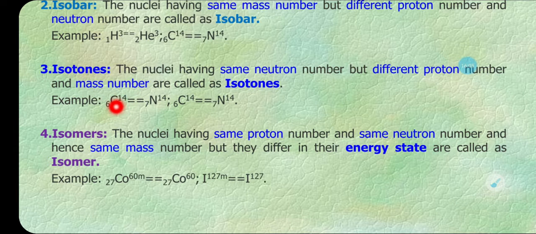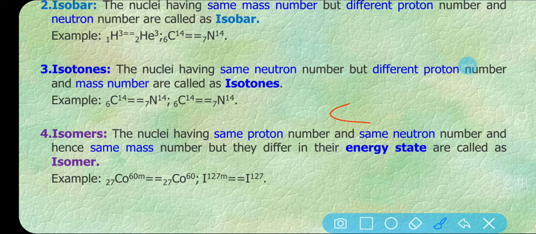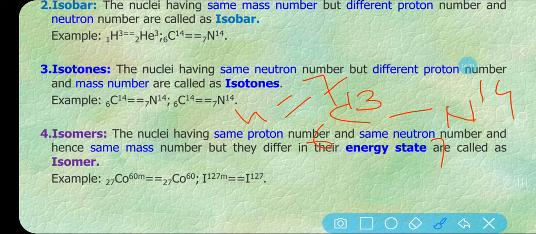Yes, C13, actually carbon. Let us take that, C6 13, and here nitrogen 7 14. Here neutron is 7, and in this the neutron number is 7, that means same number of neutrons but different proton number.